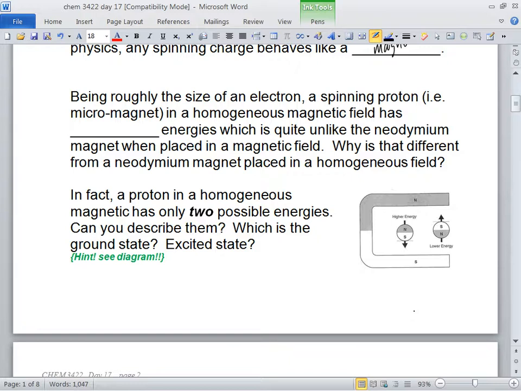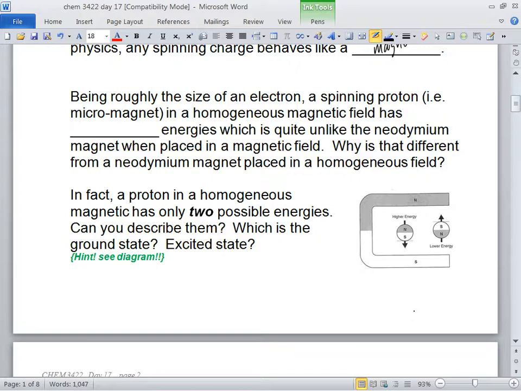What word are we looking for? Quantized energies, or there's a lot of words you could put in there. It has quantized energies. That's the most technical jargon you can use. Or you can just say because it has only specific energies. It can't take on any energy it wants. It has a narrow set of energy levels. Quantized is the best, I guess. It's the most technical.